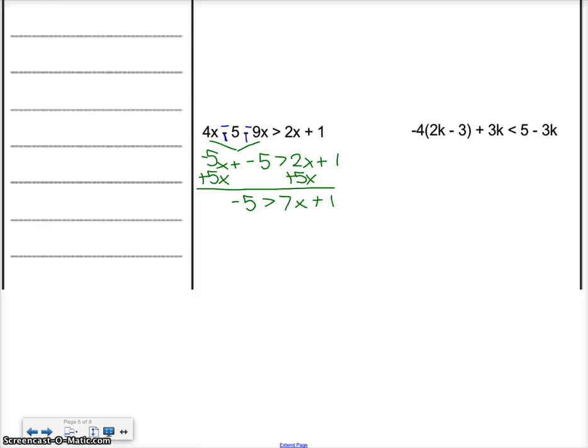Now I'm not going to have to flip. If I would have moved my 2x, you can still, it would give you the same answer, but you'd have to flip in the end because it would be a negative 7 in front of the x. Now I'll move my 1. And you get negative 6 is bigger than 7x.